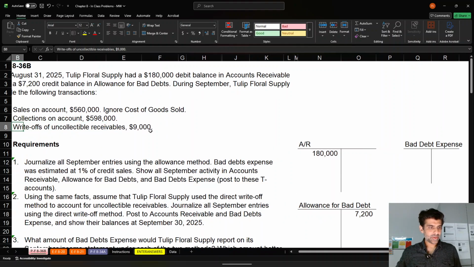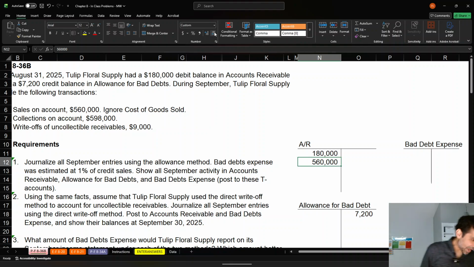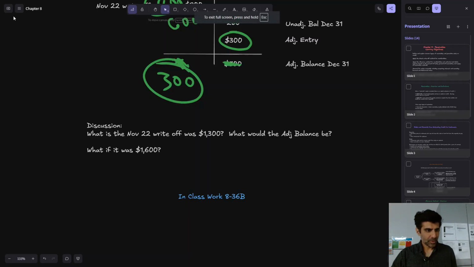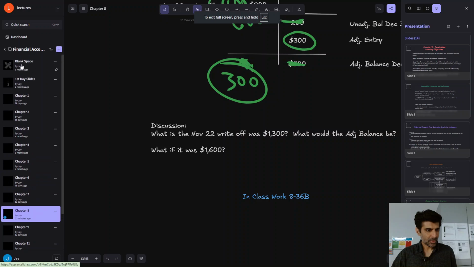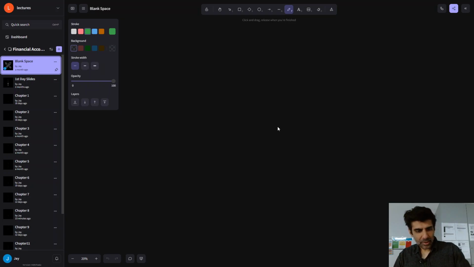Sales on account, 560,000. That means to this accounts receivable, we're going to add 560,000. Because the journal entry there, in aggregate, would have been accounts receivable 560,000.